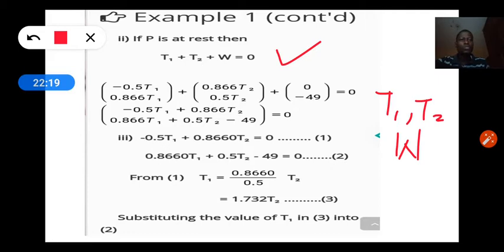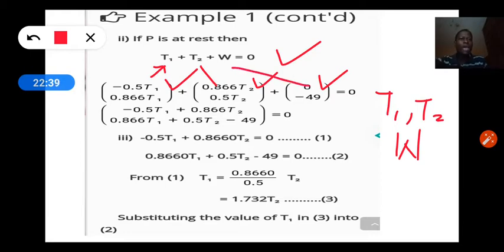Now our T1, from the last slide we got this. Our T2 we got this for our horizontal and vertical. Then for our W we got this. So we are adding everything now. This is T1, T2, and W. Good.